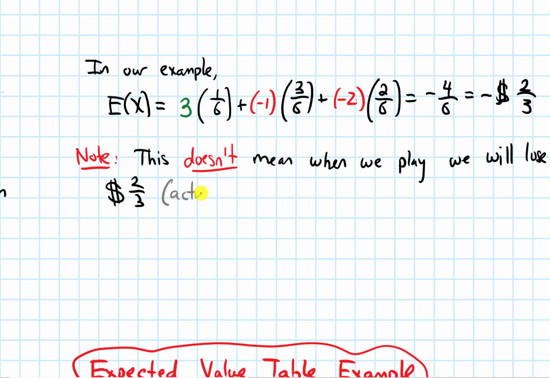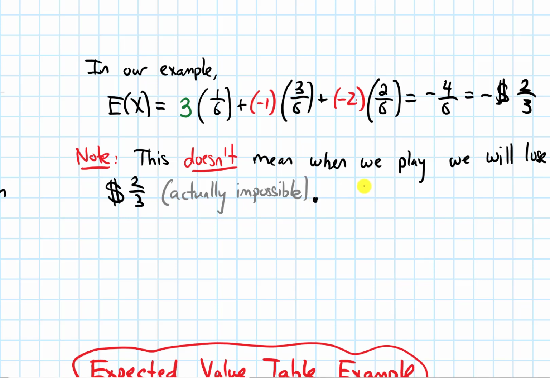In this example, this is actually impossible. When I play one time, I can't lose 2/3 of a dollar. I could lose $1 or lose $2, or I could gain $3, but I can't lose 2/3 of a dollar when I just play one time.